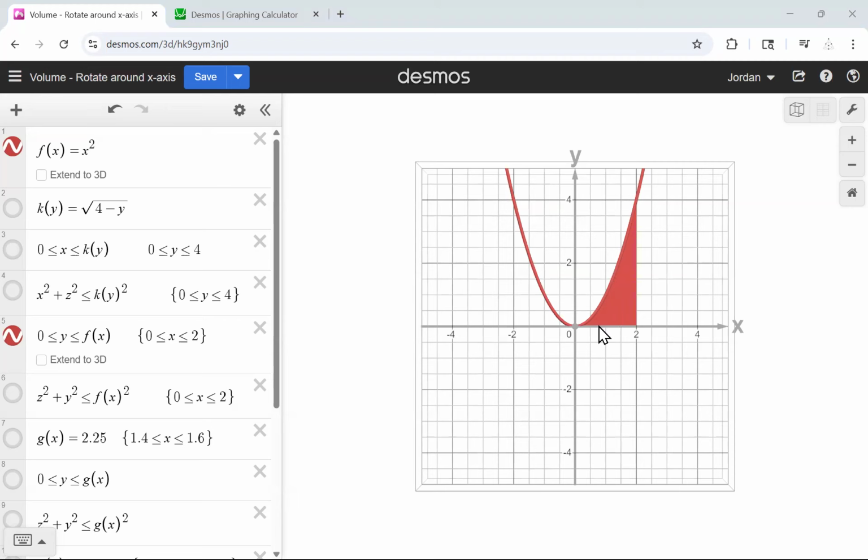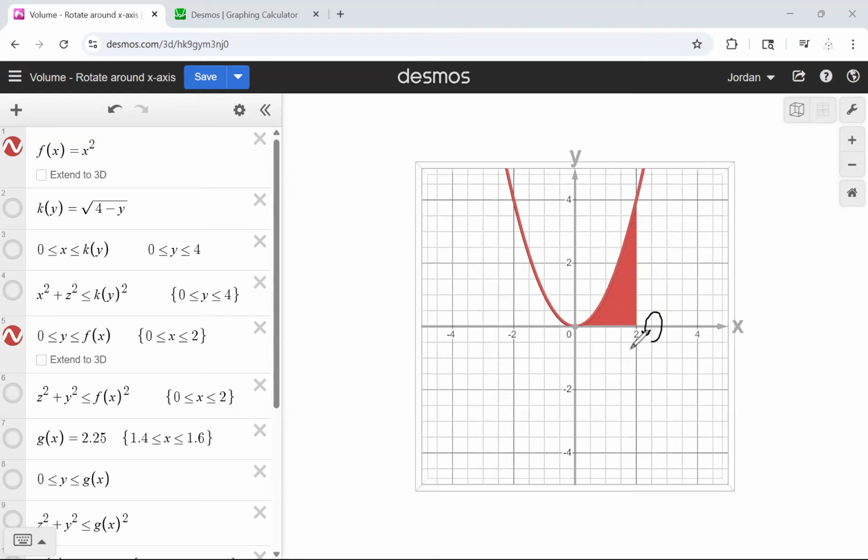Obviously, it's hard to do on a computer by hand. So I'm using Desmos to do a sketch, and we have this parabola y equals x squared, and we're going to go from the x-axis, that's y equals 0 line, up to the x equals 2 line, that's the vertical line here. And then I'm going to rotate around the x-axis.